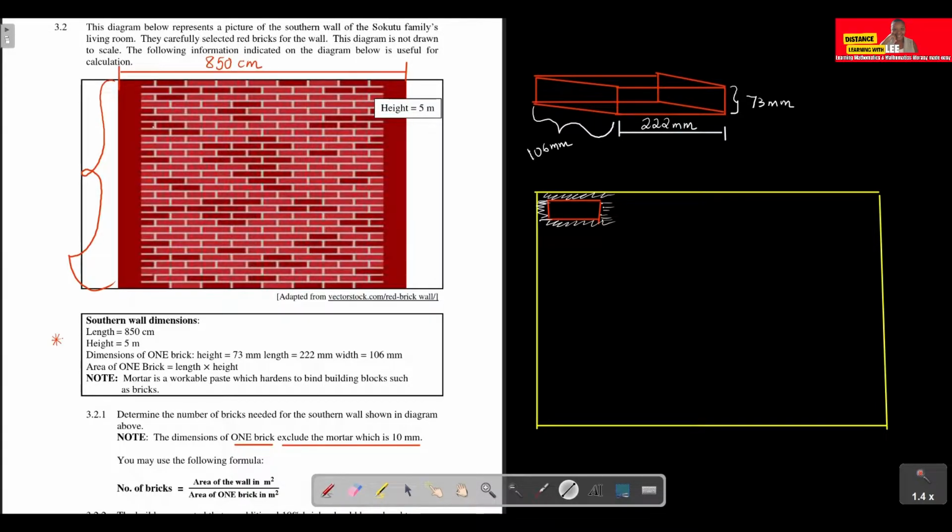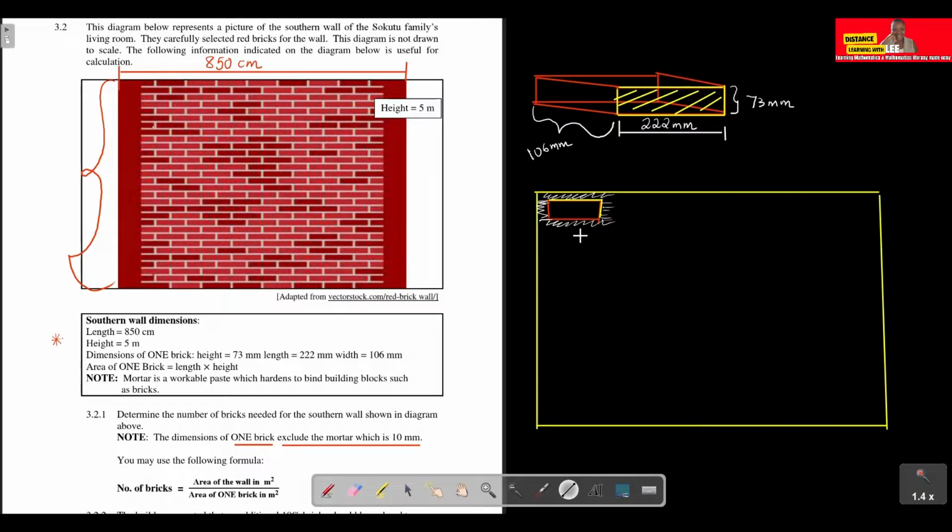When we put our bricks, we're just going to focus on the height and the length. These are the dimensions that we are going to focus on, the 222 millimeters and that 73 millimeters, the length and the height dimensions. All that we want to do is add 10 millimeters to the length, because the paste affects the length by 10 millimeters.